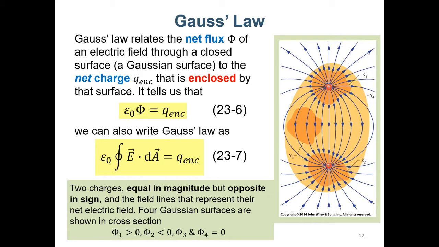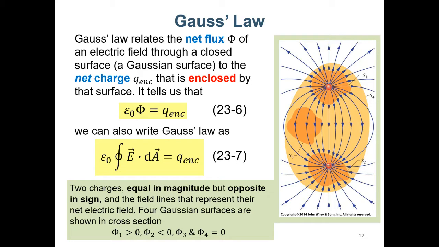You can see the electric field lines going into it here and going outside it here. But Gauss's law tells you that when you add all of them together, some negative, some positive, it turns out to be 0. So phi 3 is 0.